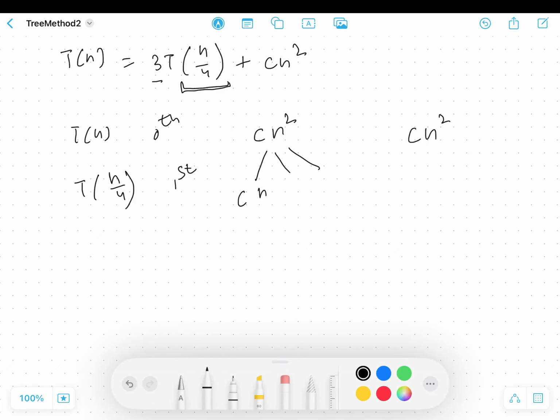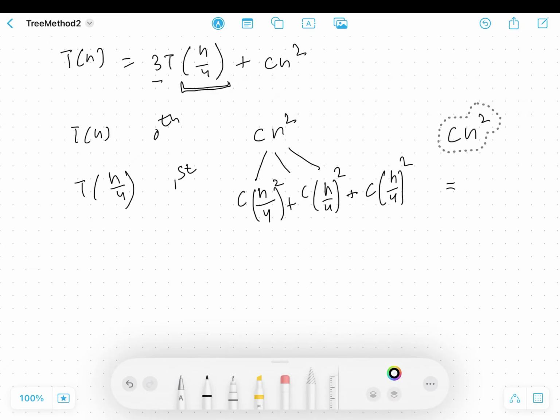So replacing n by n upon 4, the sum will turn out to be, let's see, 3 n square, or we can say 3 times n upon 4 square, right?